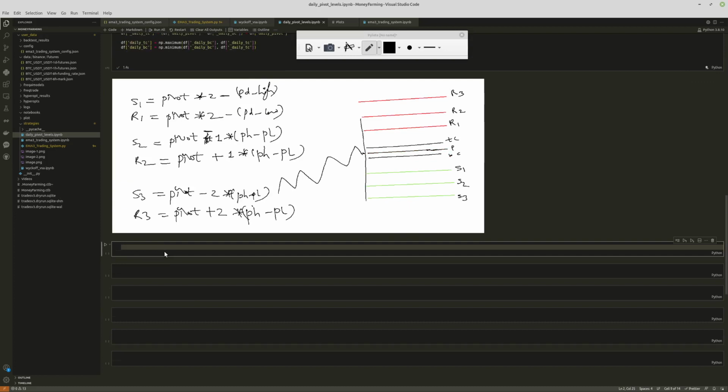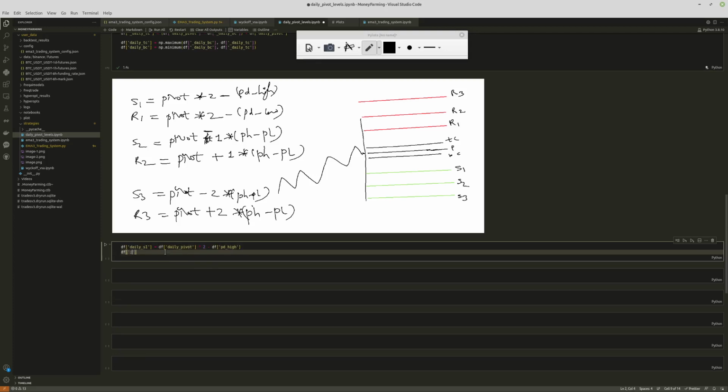Let's now calculate it. So this is going to be daily S1 and R1. We need the daily pivot into 2 minus previous day high, that's S1.